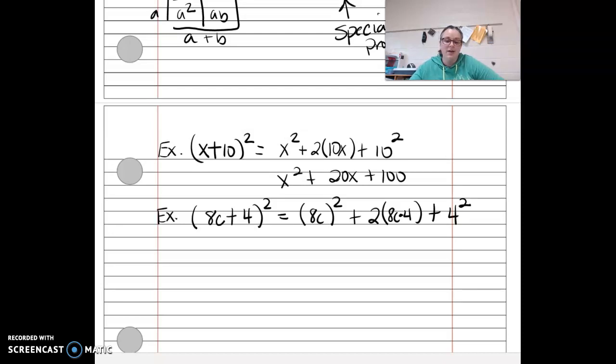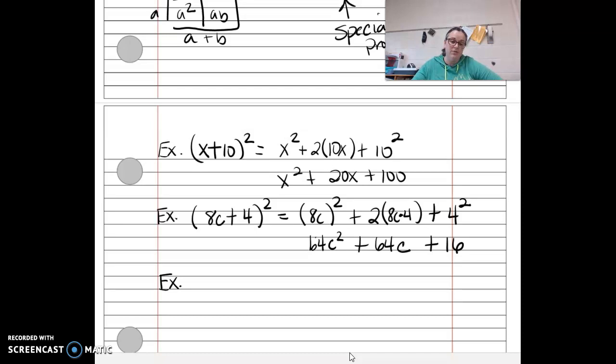Well, 8c squared would be 64c squared. I have 2 times 8 times 4, well, 8 times 4 is 32 times 2, 64c, plus my 4 squared is 16. Didn't have to set up the box or anything.